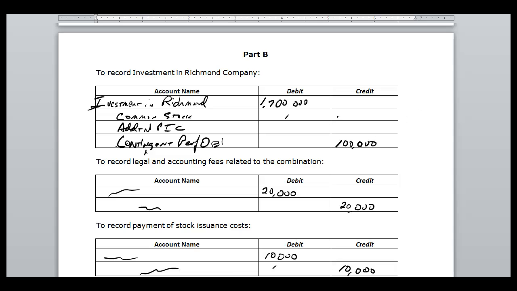These other two accounts are equity accounts, of course. The common stock was $1 million, and the additional paid-in capital was $600,000. Okay, so now I have set up my investment in Richmond, and don't forget the same entries have to be made on the legal fees and the stock issuance costs.